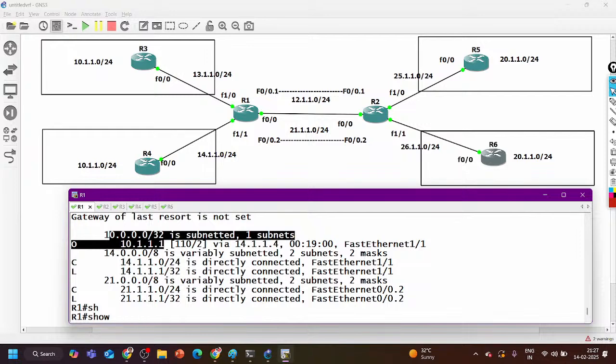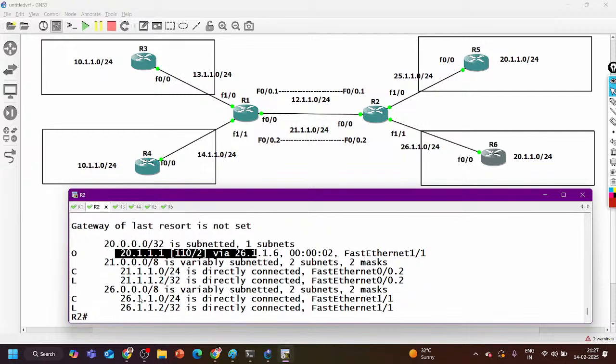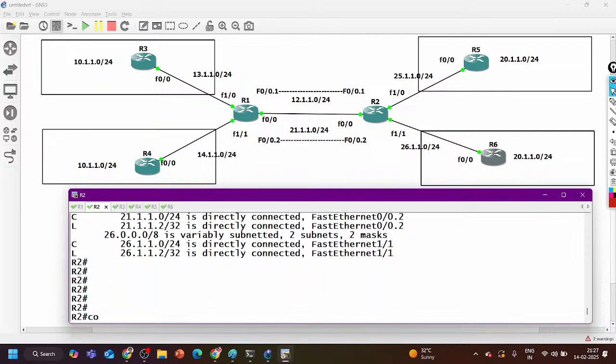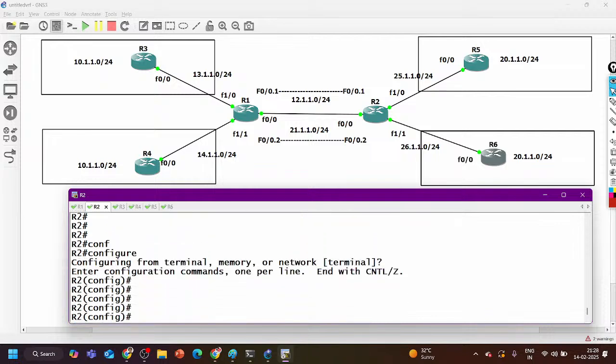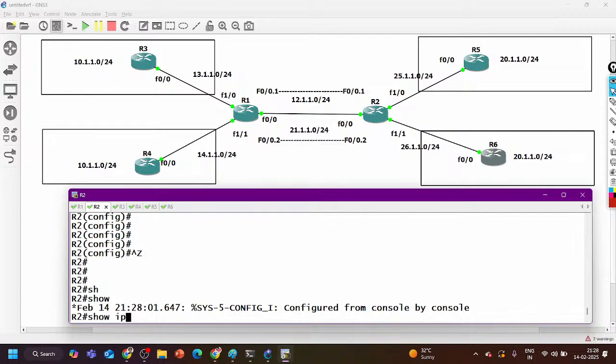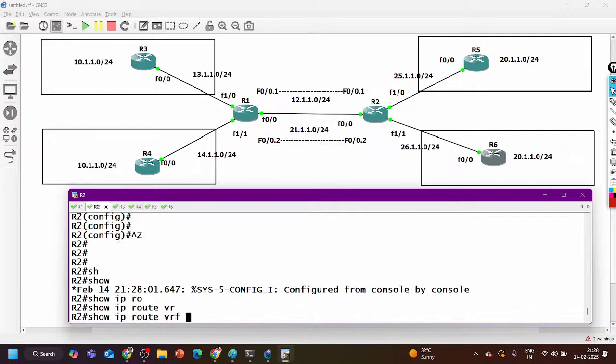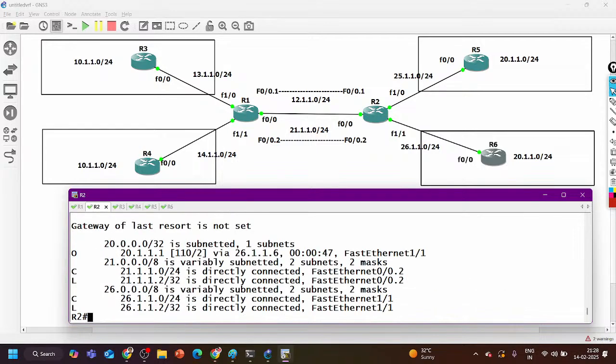I think OSPF neighborship is not there between R2 and R1. Here we didn't enable the 10 subnet, show IP OSPF neighbor. The 10 subnet is not there now, so we don't have OSPF neighborship over here.